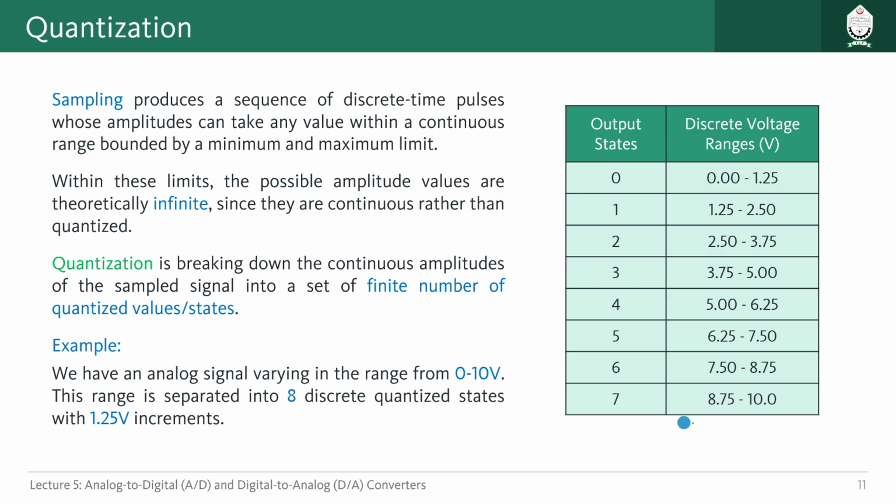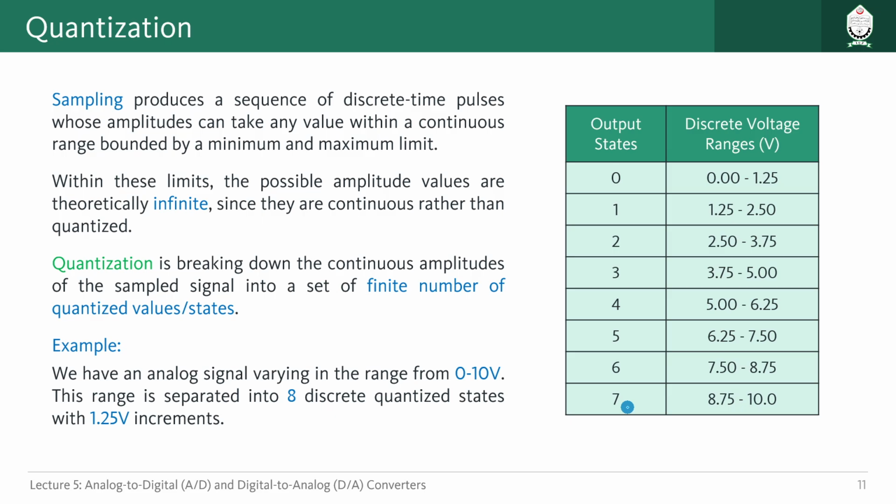Like for this example, we can see that we have an analog signal which is varying from 0 volt up to 10 volt, so the minimum value is 0 volt and the maximum value is 10 volt. If we decide to separate these voltages into 8 different discretized or quantized states, then each of the states will be 1.25 volt, right? 1.25 multiplied by 8 is equal to 10 volt.